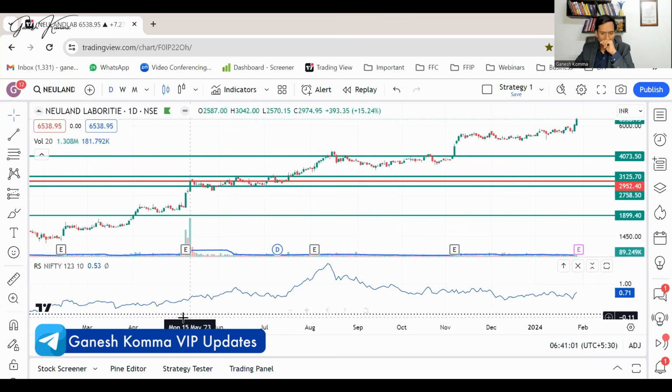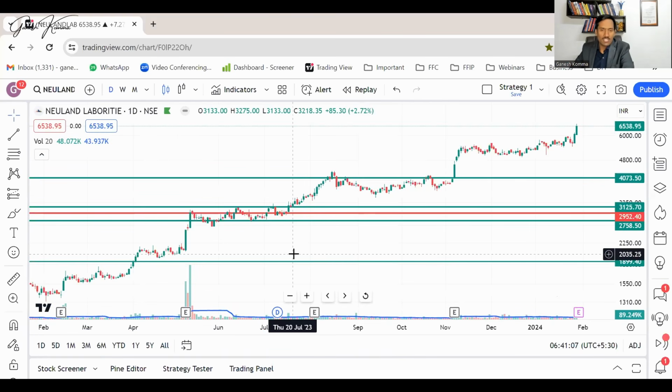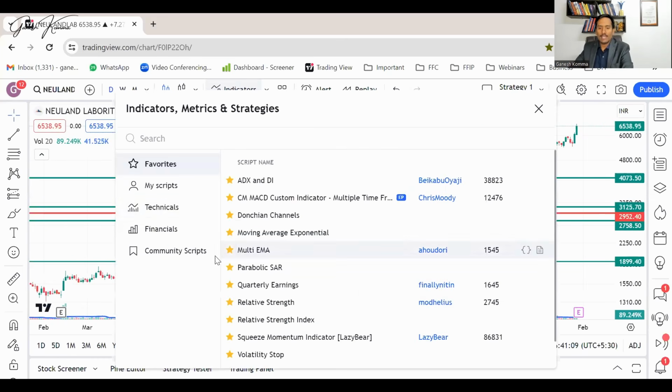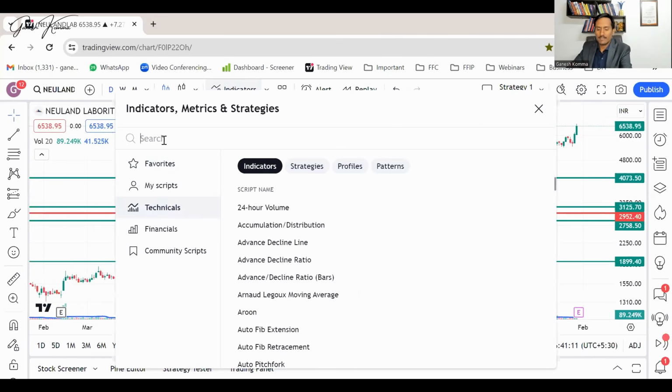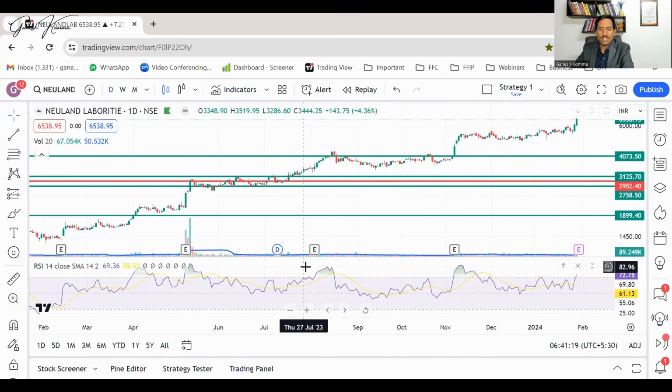Now I wanted to look at its individual strength. So I'll go to indicators, technicals, and select relative strength index, which is your RSI.